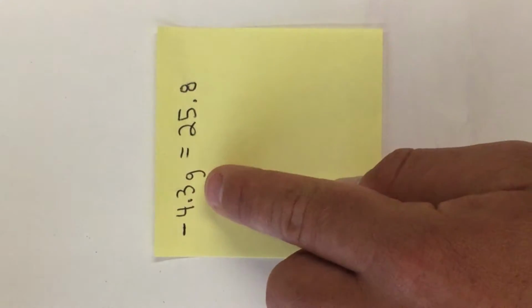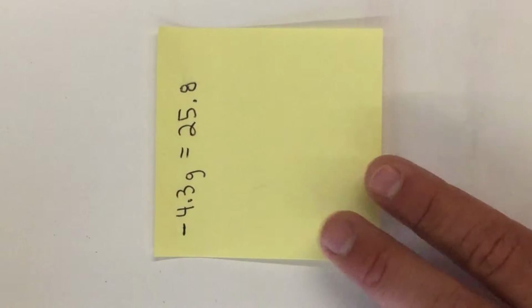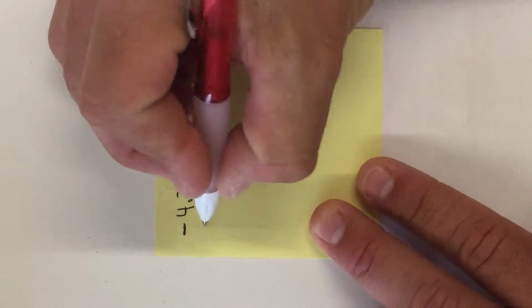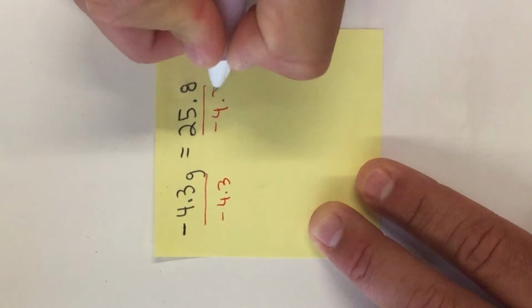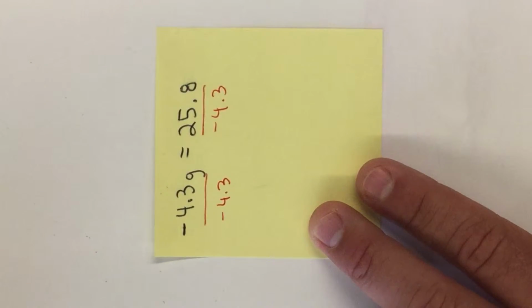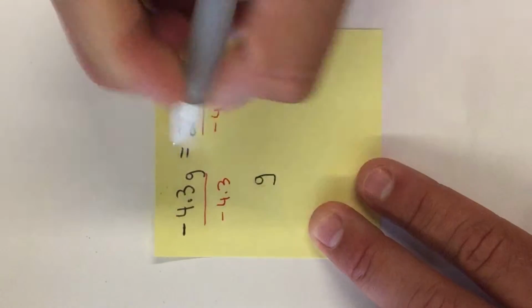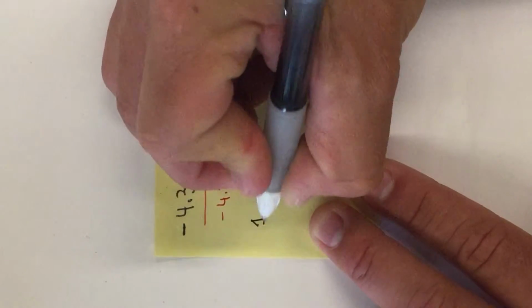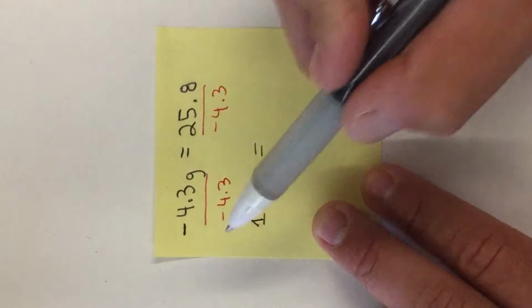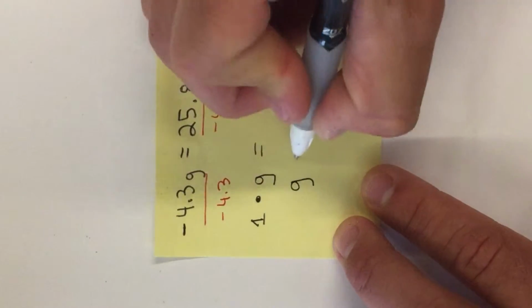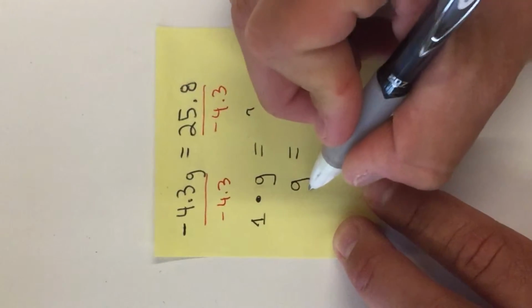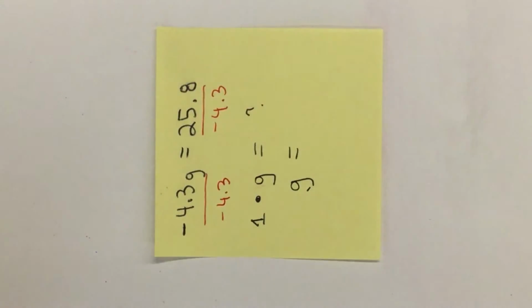This is a multiplication problem. Those two things, so to speak, slammed right together mean multiplication. So in order to make 1, I'm going to divide by the coefficient, which is the number that is right there beside the variable. That's going to get me 1. The reason we get 1 is that anytime I do 1 times a number, I get that number itself. So that's why we want to make 1 there.